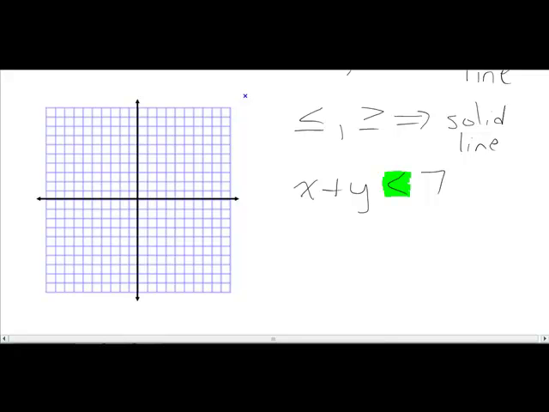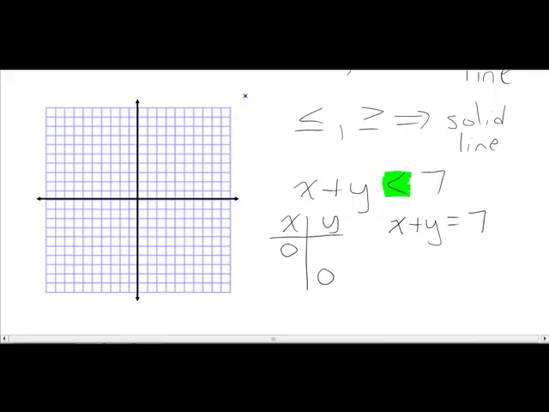So probably the easiest way to graph this is just to pick a couple of points. The intercepts are pretty easy to find. If you do the good old-fashioned method where you set x equal to 0 and you set y equal to 0, that'll give you two different points. Remember, this is for the line x plus y equals 7.